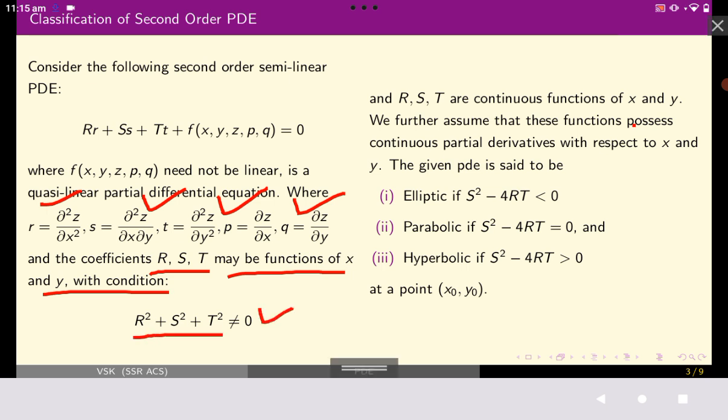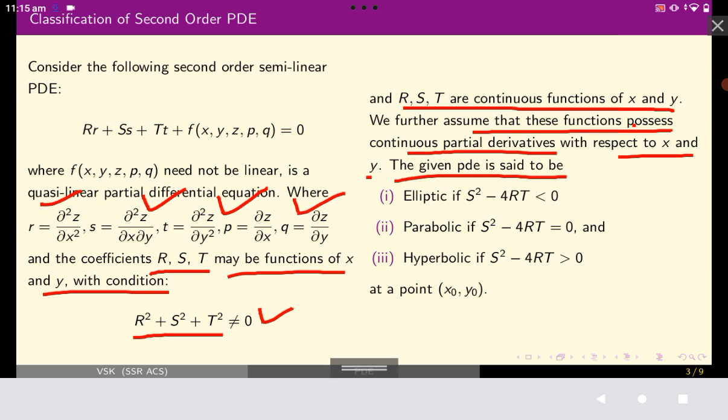This is our assumption. And R, S, T are continuous functions of x and y. We further assume that these functions possess continuous partial derivatives with respect to x and y. Those are all assumptions.